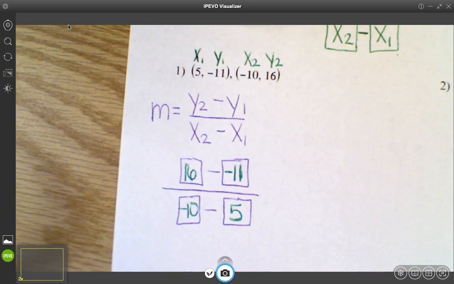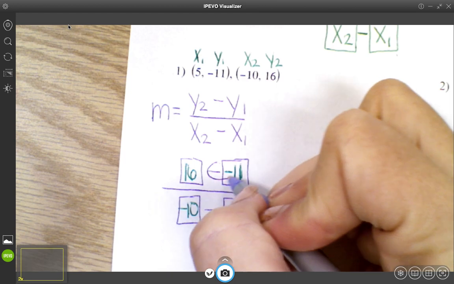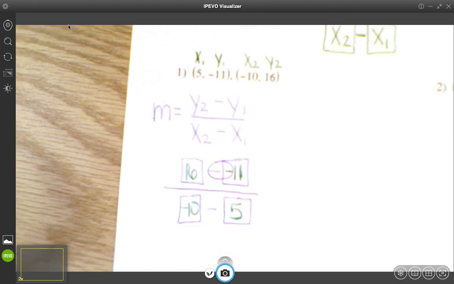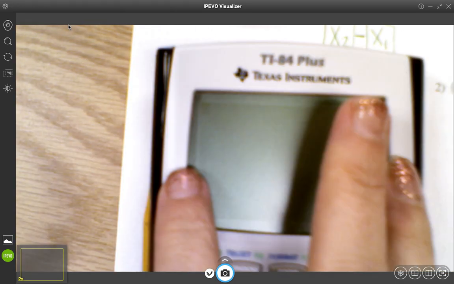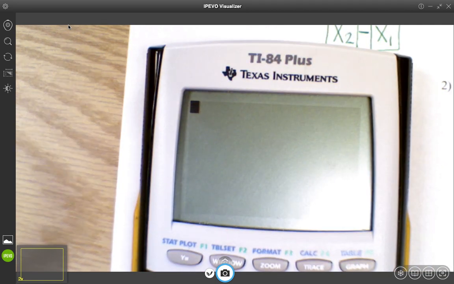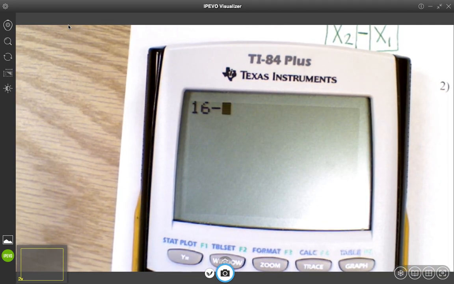So now we have to follow our rules for adding and subtracting positives and negatives. So the first thing we did at the very beginning of the year, what is subtracting a negative really? You guys could do 16 minus negative 11 and get 27.